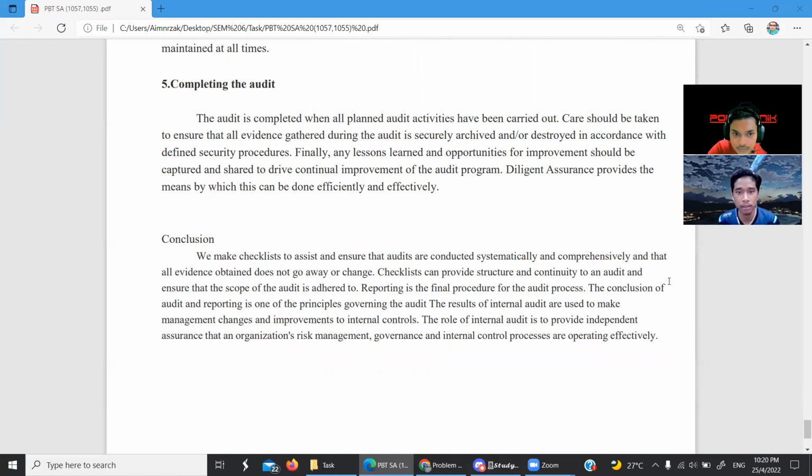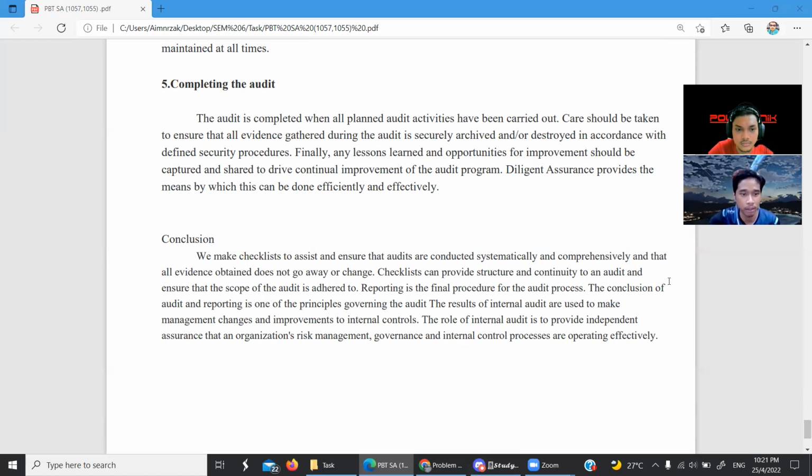Finally, any lessons learned and opportunities for improvement should be captured and shared to drive continual improvement of the audit program. Diligent assurance provides the means by which this can be done efficiently and effectively.